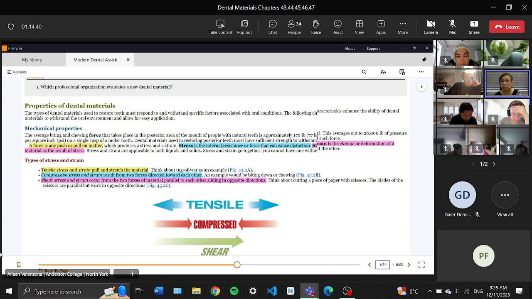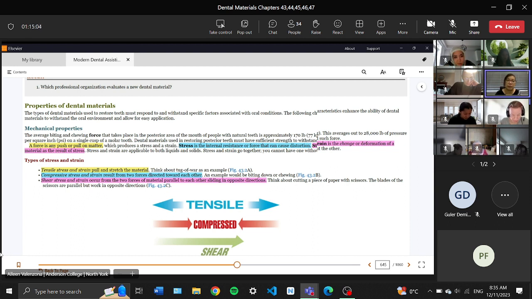Distortion meaning that it can damage the material. Strain is the change or deformation of a material as a result of stress. Stress and strain are applicable to both liquid and solid. Stress and strain go together. You cannot have one without the other.